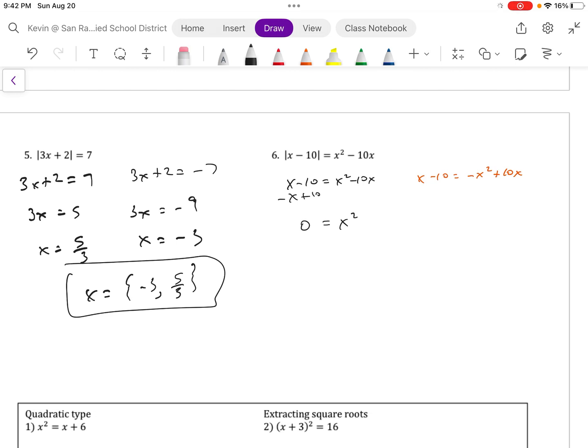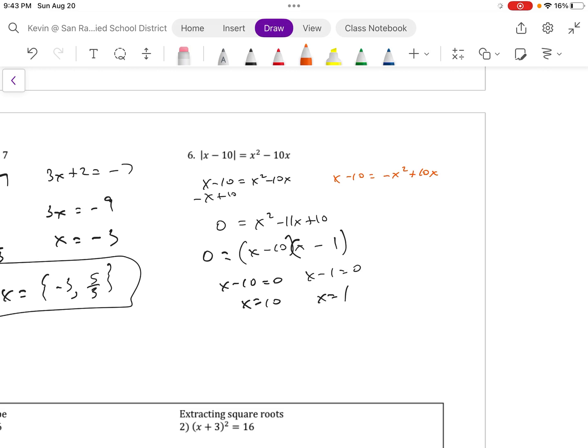That gives me 0 equals x squared minus 11x plus 10. Factor: 10 and 1, both negative. So x minus 10 equals 0. X equals 10. X minus 1 equals 0. X equals 1.